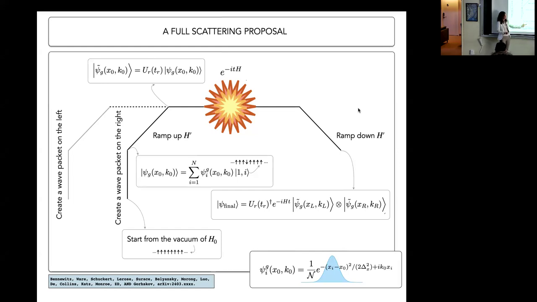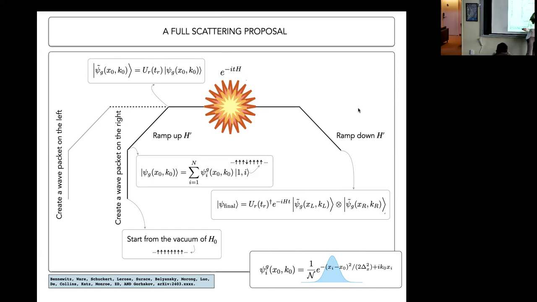I just showed you that you just flip the spins in this theory, essentially. So that's very easy. So that's what we do, but we do it in a very coherent way so that at the same time, we can imprint the wave packet profile into this superposition of the spin flips at different places. This is how we get the wave packet. The wave packet profile is the Gaussian, the usual thing that everybody picks.